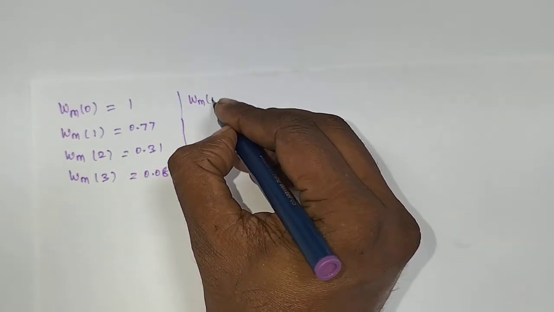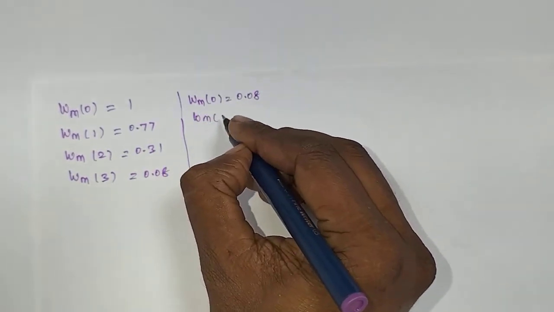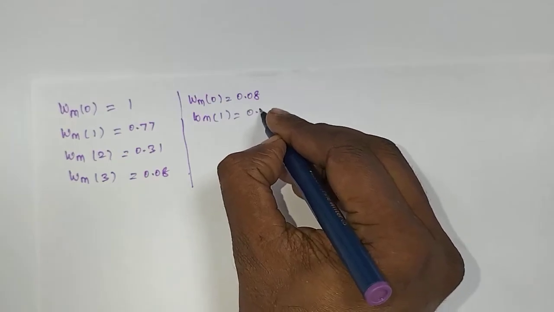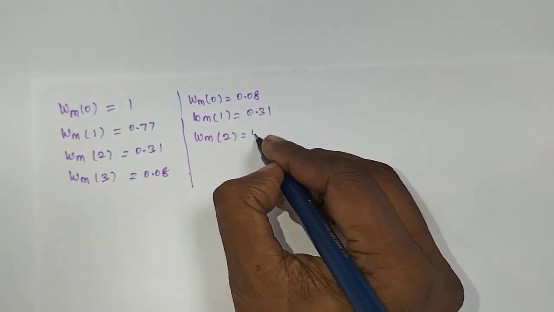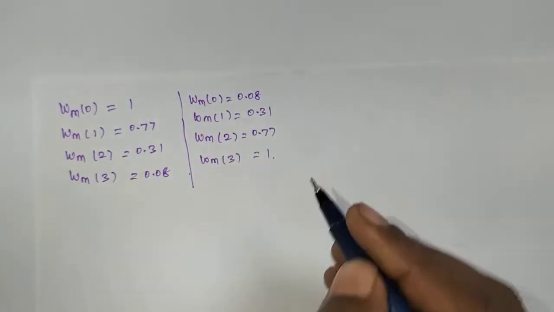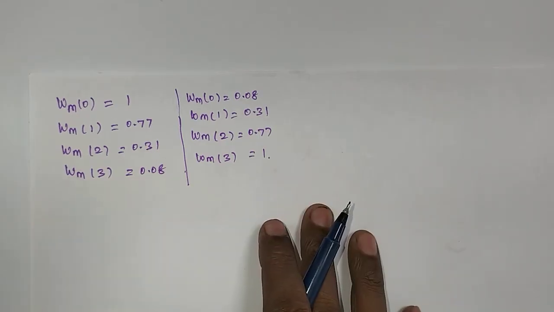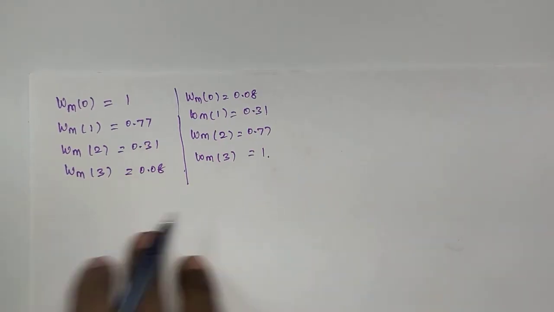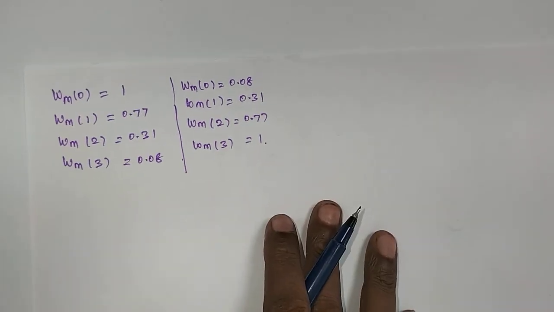That is, Wm of 0 is equal to 0.08, Wm of 1 is equal to 0.31, Wm of 2 is equal to 0.77, Wm of 3 is equal to 1. So don't forget to write in reverse order for a non-ideal filter and a filter which is not symmetrical about 0. This is a very important step.